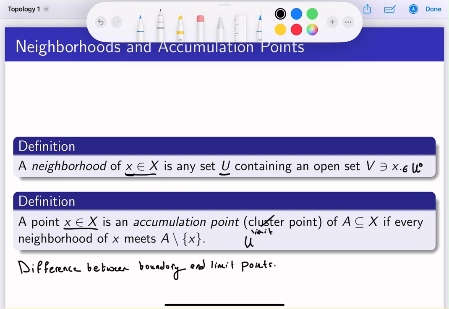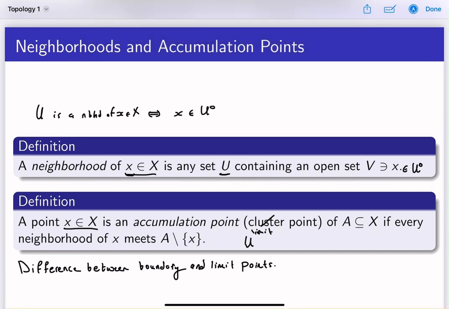So you can take it as a definition: U is a neighborhood of x in X if and only if x is in the interior of U.